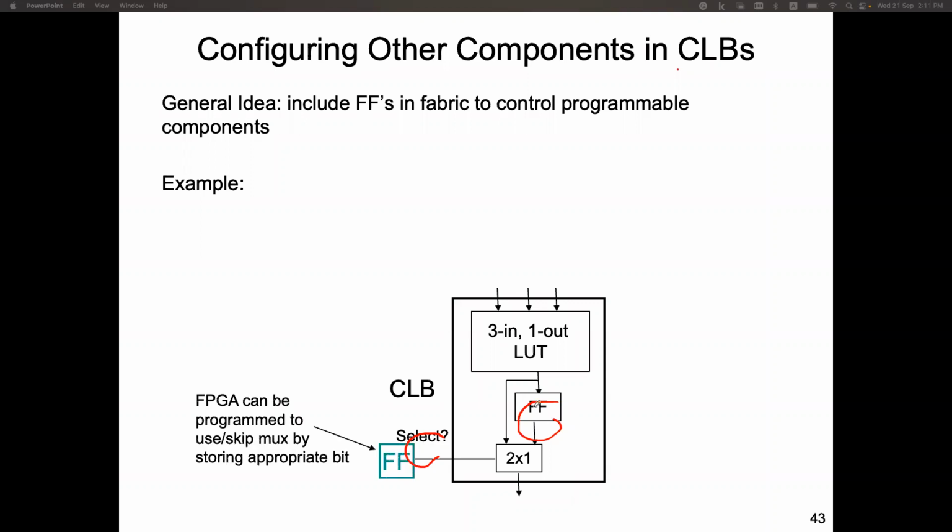And to program whether or not to include the flip-flop, we need another register or flip-flop here to control the multiplexer. And this register or flip-flop can also be programmed to use or skip the flip-flop inside the block.